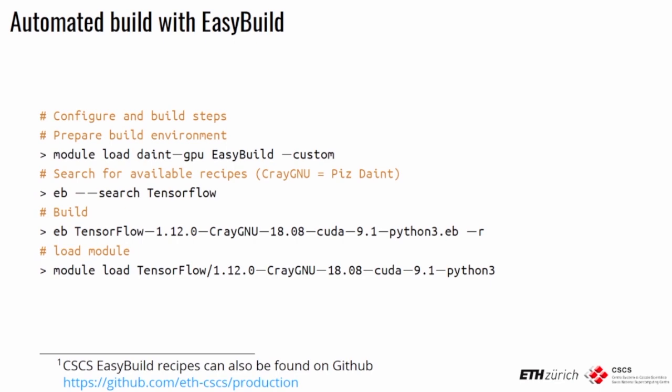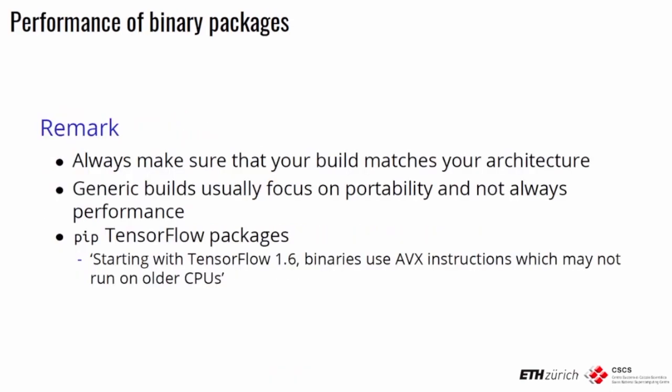There are dozens of dependencies that are needed. So in one command line, you can do everything, which is eb TensorFlow and then -r. This will take care of installing everything in your prefix folder, and will create a module file. So you can just do module load of the newly installed TensorFlow if you need.